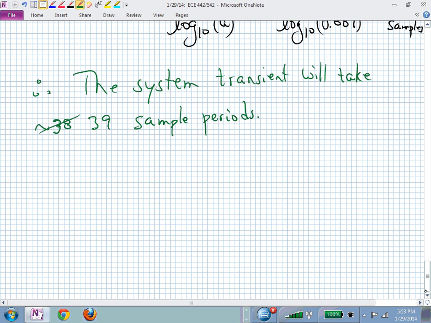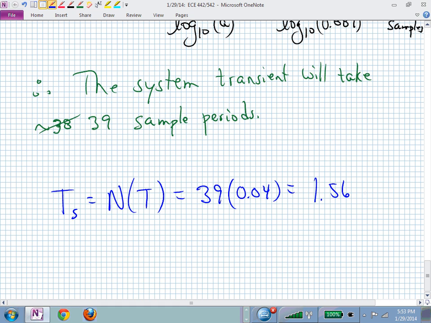So the settling time is that n we just calculated times our sample period T. I calculated it for 38, but I can add another one in real time, just add 0.04 to my old answer. So it takes about 1.5 seconds to settle in real time for that example.